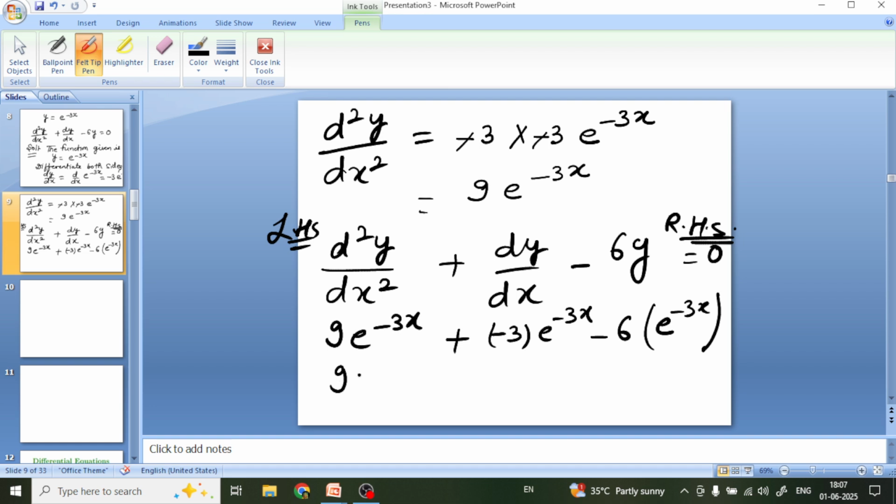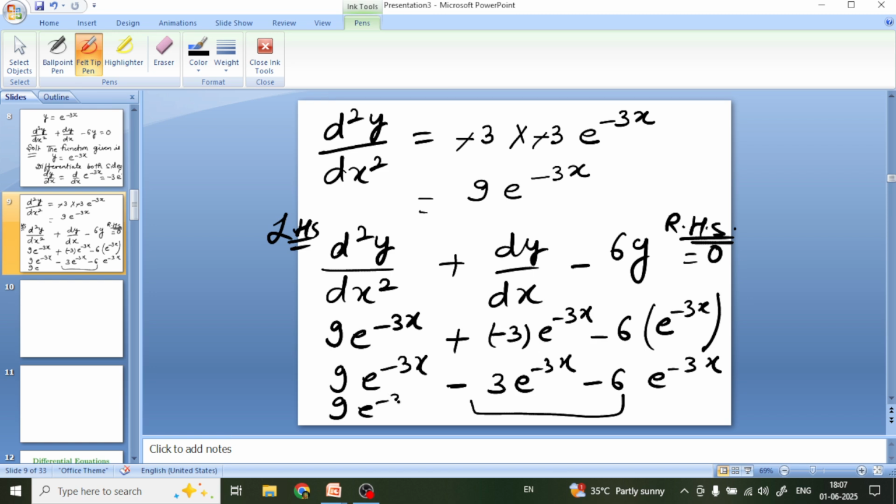9 e raised to power minus 3x plus minus 3 e raised to power minus 3x minus 6 e raised to power minus 3x. 3 plus 6 is 9, e raised to power minus 3x is common, and you will see that plus and minus cancel because both values are the same but the sign is different, so that is equal to 0.